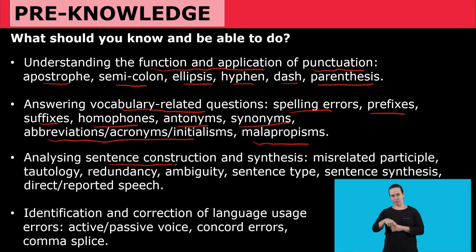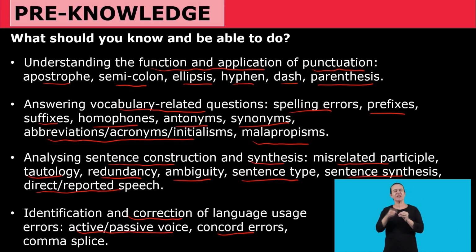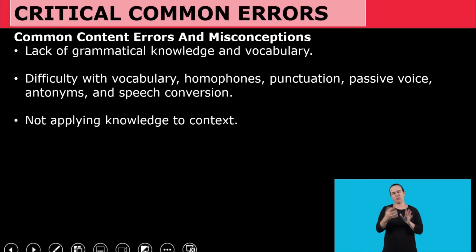Analyzing sentence construction and synthesis, the misrelated participle, tautology, redundancy, ambiguity, sentence type, sentence synthesis, direct and reported speech. And then lastly, the identification and correction of language errors, active and passive voice, concord errors, and comma splice.